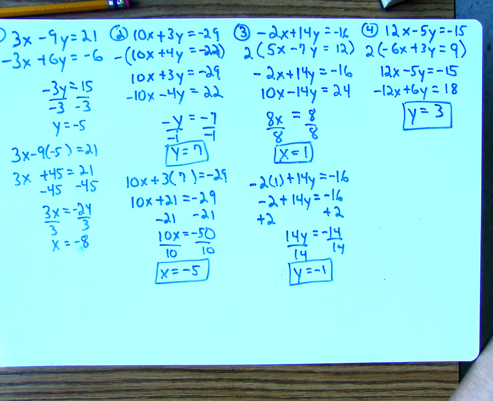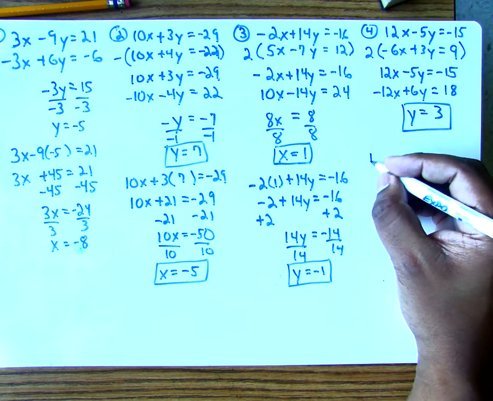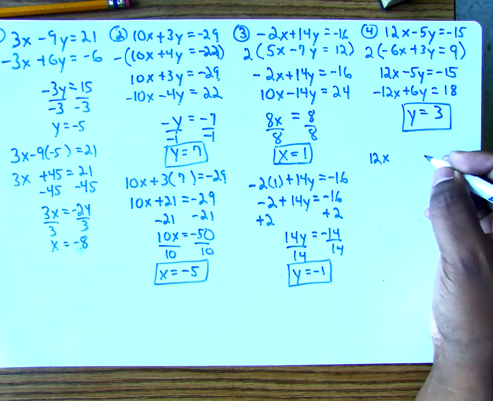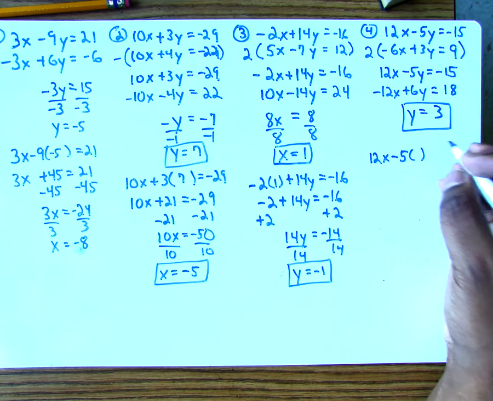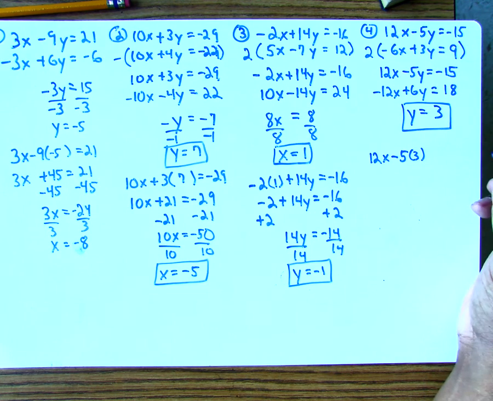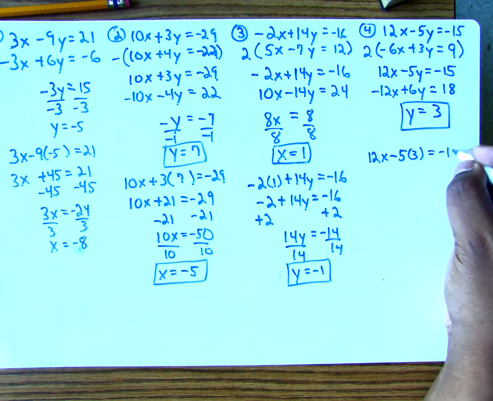Okay. And now we'll take the y and plug it back into our equation. And I just happen to pick the first equation again. Got 12x minus 5 times 3 is equal to negative 15.